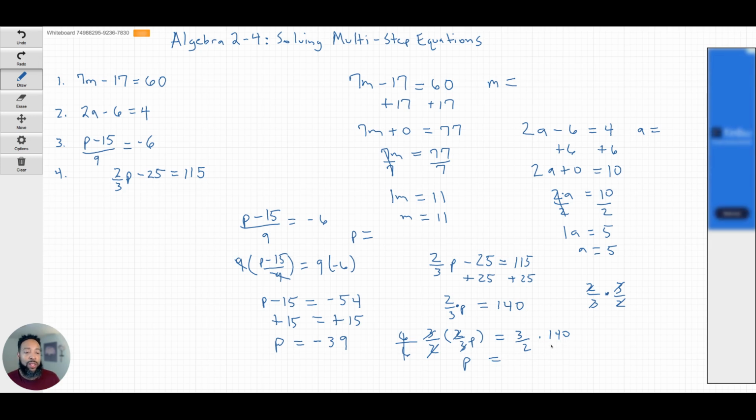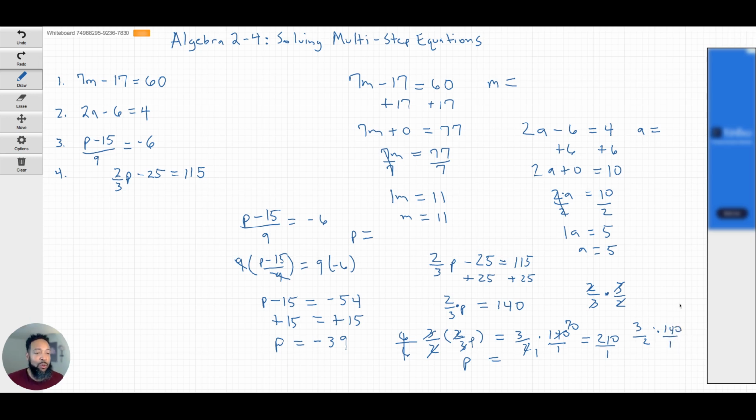So there's multiple ways you can solve this. You can reduce it and say 2 goes into 2 one time, 2 goes into 140 70 times. 70 times 3 is 210 over 1. Or you could have done it the long way and just said 3/2 times 140.